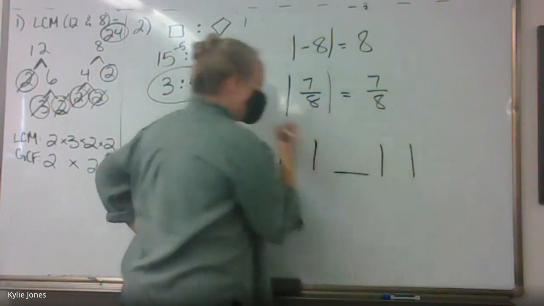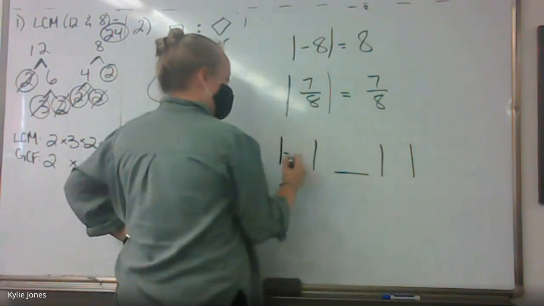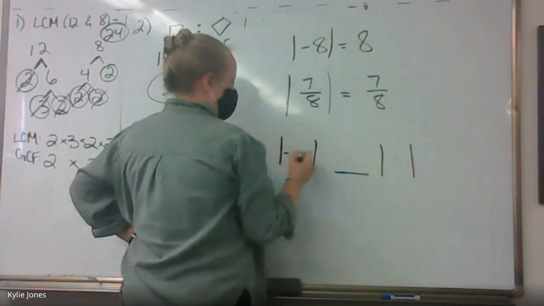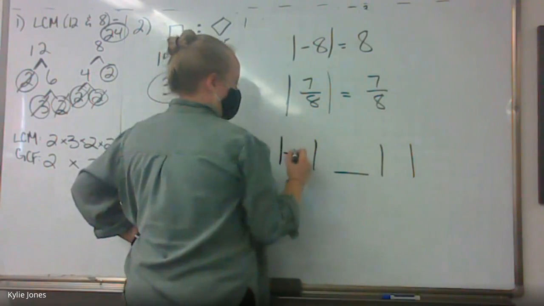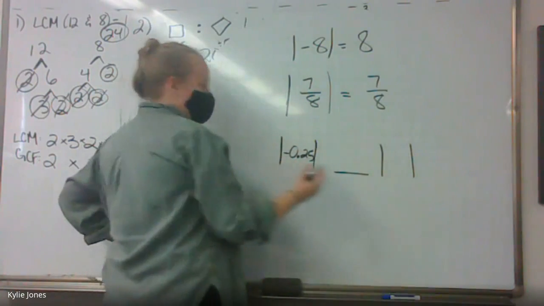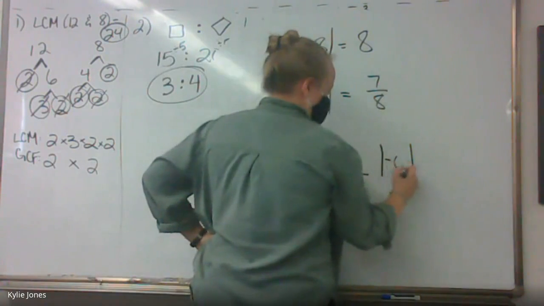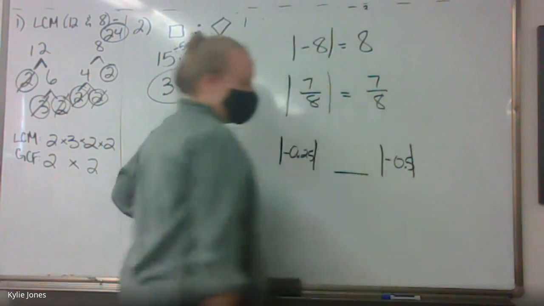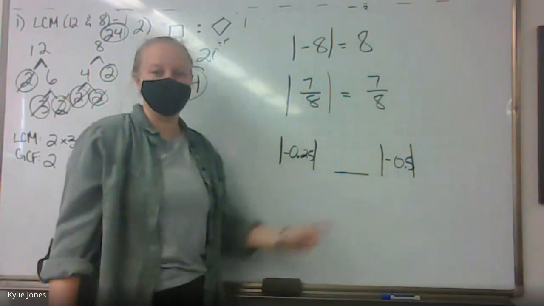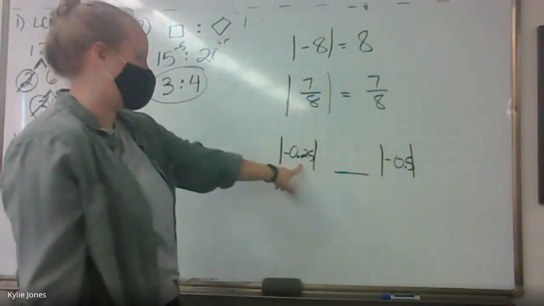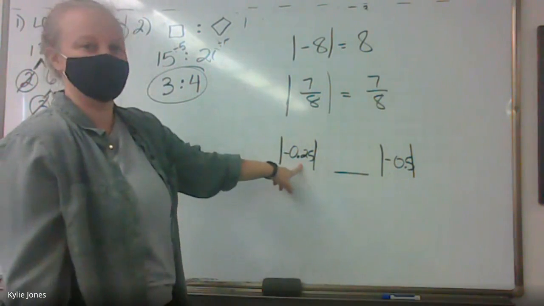Okay, let's do some comparing. Let's do negative 2500 and negative 5/10. So first we need to take our absolute values. What's the absolute value of negative 2500?